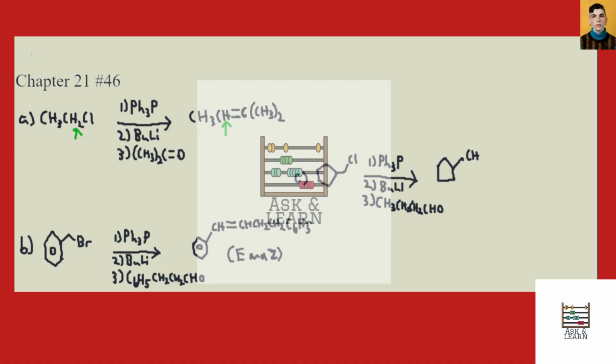Then we can draw the right half that's going to come from our carbonyl compound: CH, CH2, CH2, CH3. And again, we're just going to connect these two by a double bond.